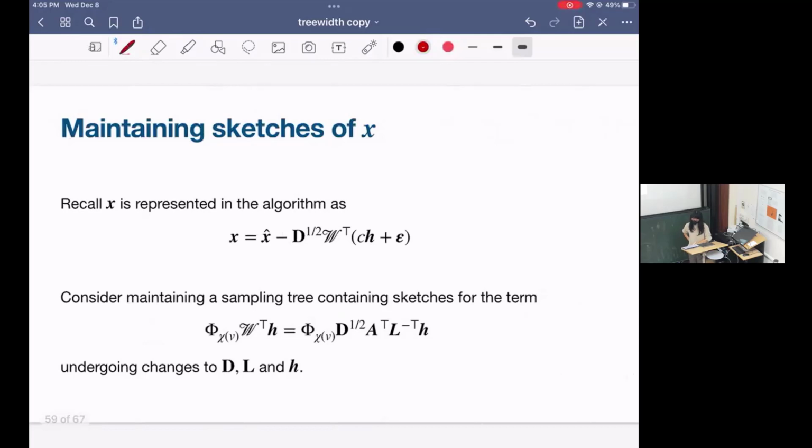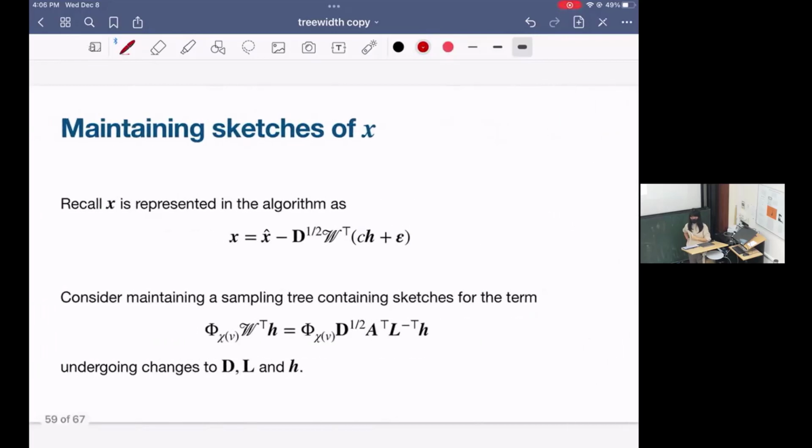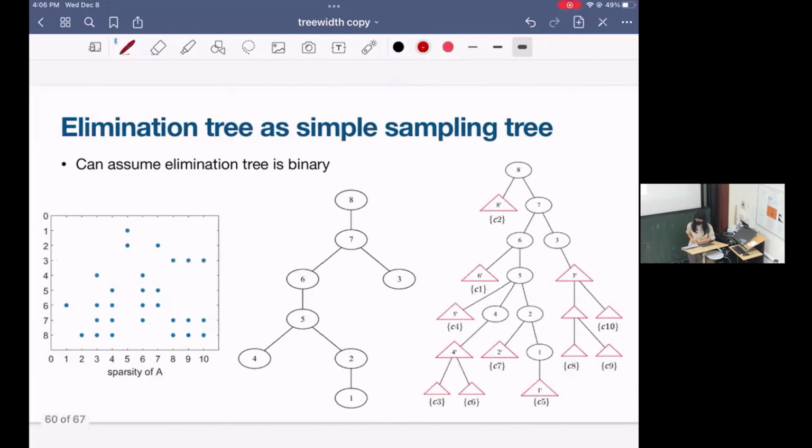Then we also need to update our sampling tree every time L and D and H change. By the way, we think that maybe this can all be simplified if we don't care about the exponent of the treewidth parameter in our runtime. So if we want just treewidth to some constant, then this might actually all not be needed.